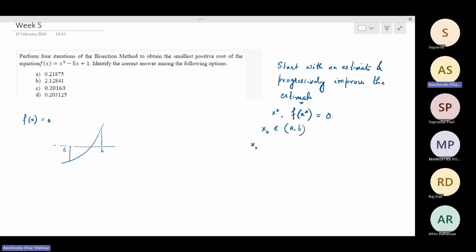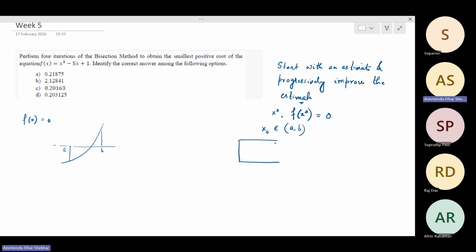Any such numerical method is an algorithm, and that algorithm would take in this function f, and it would take in some estimate xn, and then it would churn out the new estimate xn plus 1.